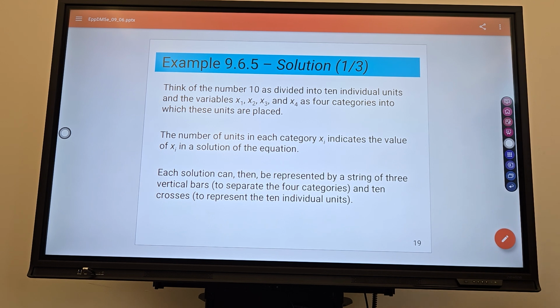The number of units in each category, xi, indicates the value of xi in a solution of the equation. Each solution can then be represented by a string of 3 vertical bars to separate the 4 categories and 10 crosses to represent the 10 individual units.